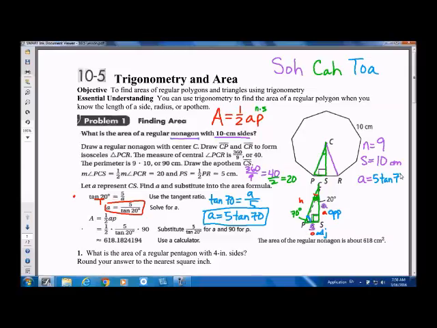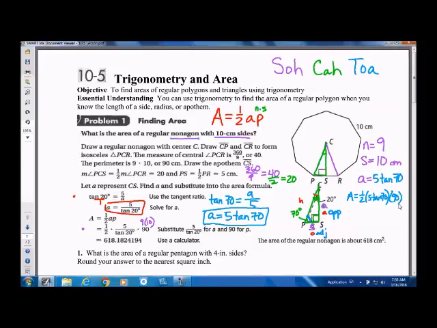And then I can simply just put that value, just like they did here, into my formula. Area equals 1/2 apothem times perimeter. Perimeter is just N times S, 9 sides times a length of 10. We can also do area equals 1/2 times 5 tangent 70 times our 90.